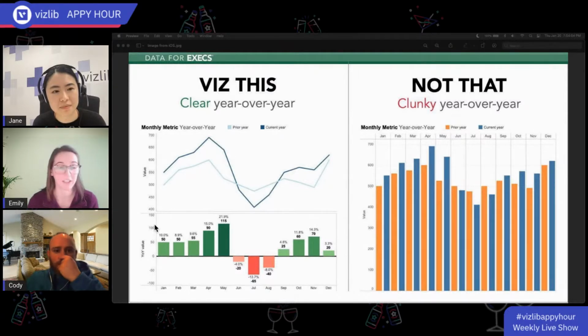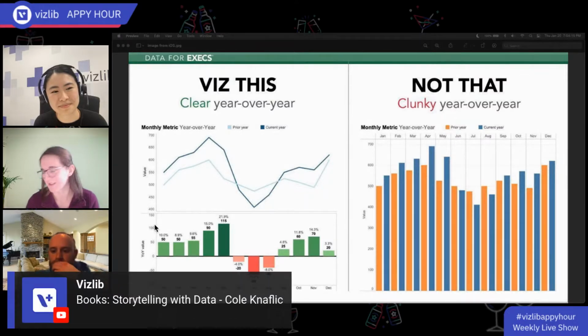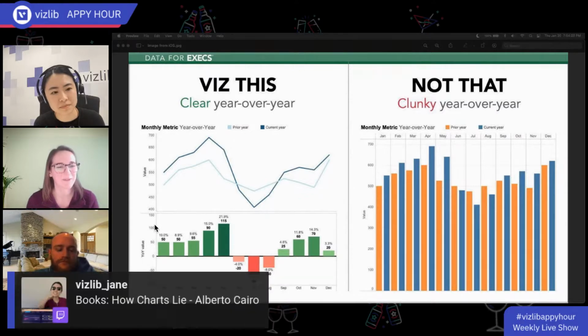I love how logically that book brings that information out and helps you think through it. I also really like the book How Charts Lie, Alberto Cairo's book. It's a great book for understanding some of the deceptive charts we brought up in our conversation today. And like Cody was saying, learn from what not to do. I think that book really helps us learn a lot from what we shouldn't do.